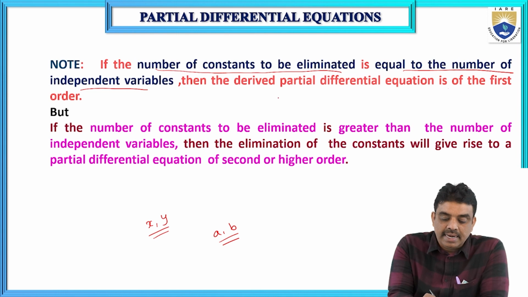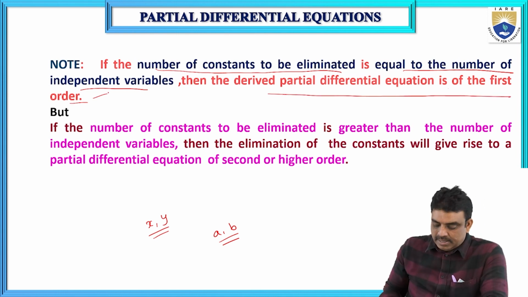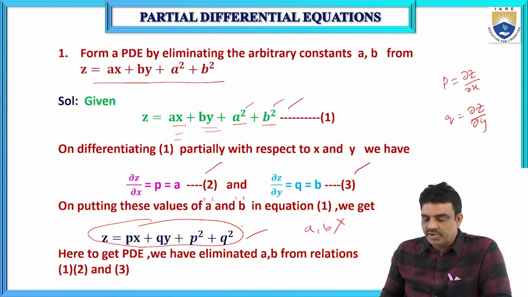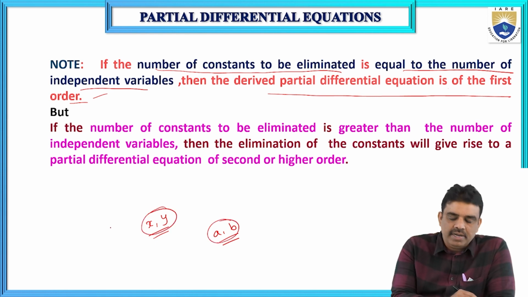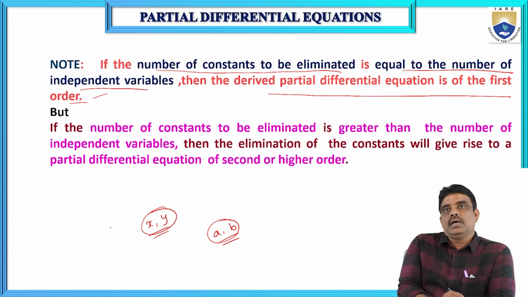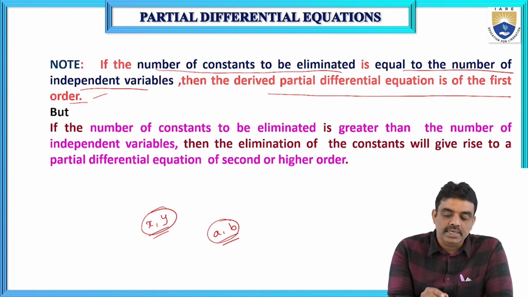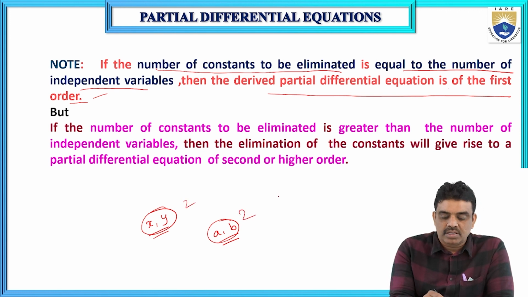So the derived partial differential equation is of the first order. If the number of constants to be eliminated is 2 and the number of independent variables is 2, then the formed differential equation is of first order, because these two are equal.